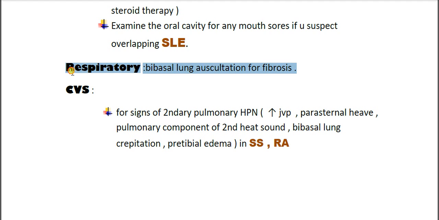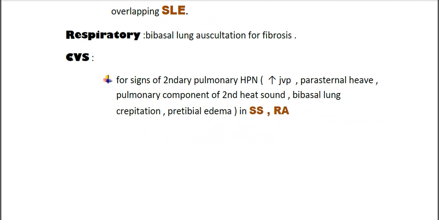For the respiratory system, you have to put your stethoscope on the bibasal lung fields for fine crepitations of lung fibrosis. Cardiovascular system examination: check if the JVP is raised or not, and examine the heart.